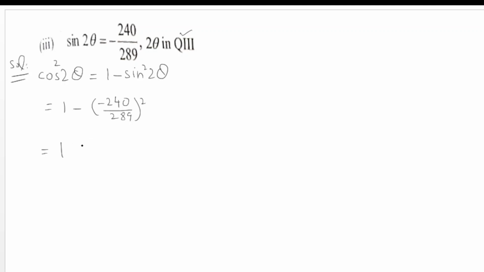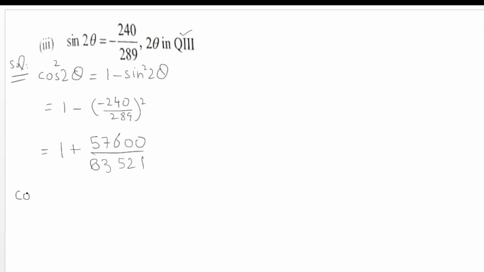Let me just open the brackets, so it will be 1 plus 576. You know the square of 24 and the square of 0, it becomes double like this. Okay, and here down 83521. So after taking the square root, 83521. Okay, so this will be negative, negative and positive.